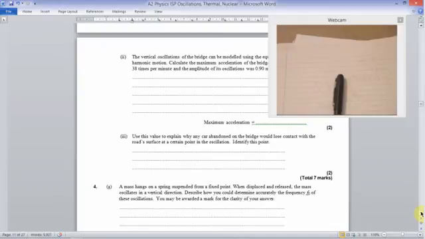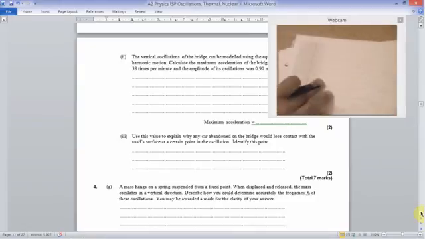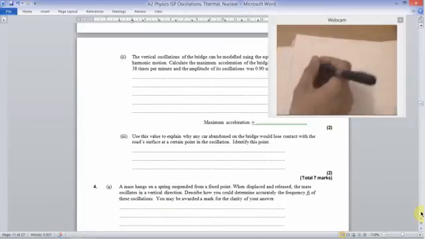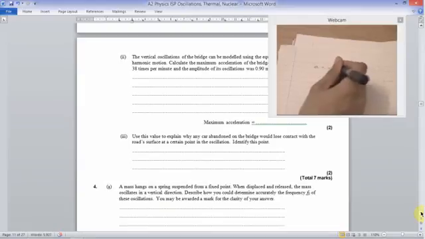So the calculation we've got to do is to actually figure out the displacement that's going to cause this to happen. Because they want the point at which it's going to come off. Well, A is equal to omega squared x.